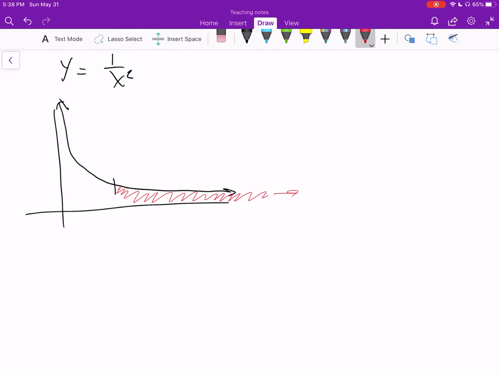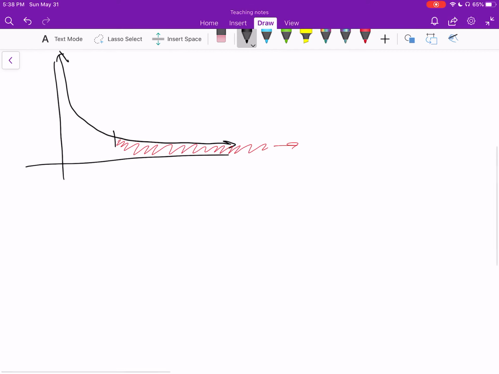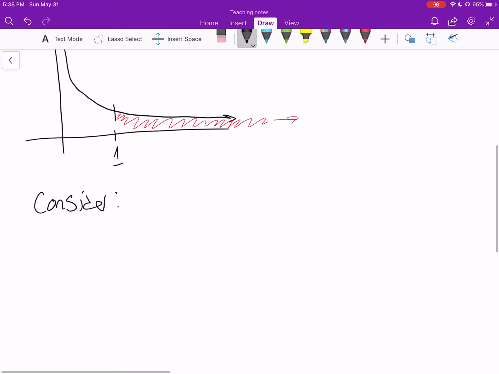So let's take a look at what this integral is, and let's go ahead and call this point 1 here. So let's consider this integral. We have the integral from 1 to t of 1 over x squared dx. And so I can do this integral. t could be any point along this axis here, to the right of 1.